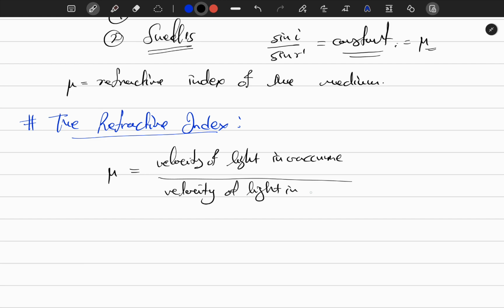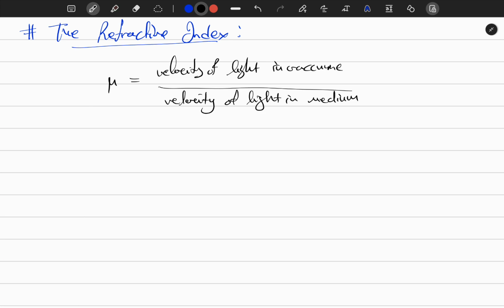This is called the absolute refractive index.